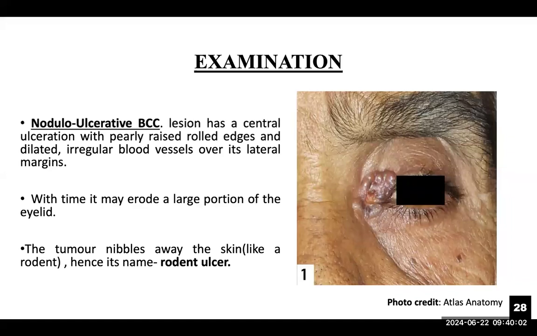With time, the nodular ulcerative BCC may erode a large portion of the eyelid. So the tumor characteristically nibbles away the skin, like where rodents nibble and bore holes into the ground. Hence its name, rodent ulcer.